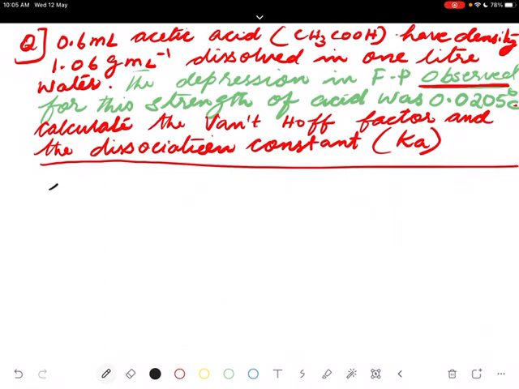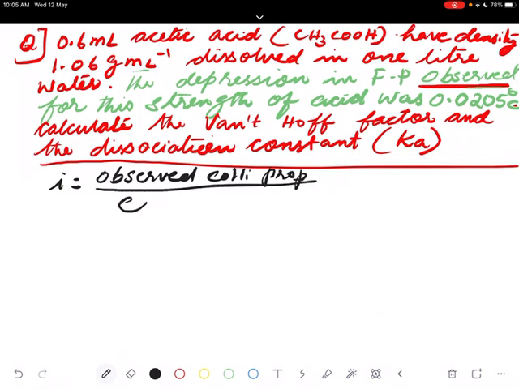Now for calculating this i, here they have given the observed colligative property. i is the observed colligative property divided by the calculated colligative property. The observed colligative property is 0.0205, divided by the calculated one.